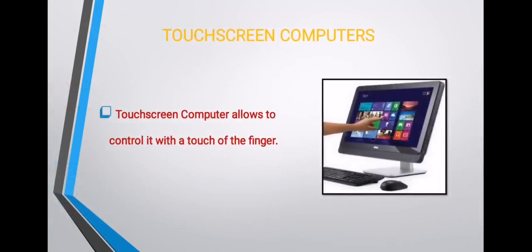Next one is touch screen computers. What are touch screen computers? Computers that allow you to control them with the touch of a finger are called touch screen computers. In phones, the BlackBerry phone company had the feature of both touchscreen and typing.